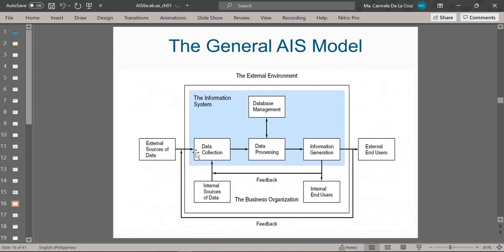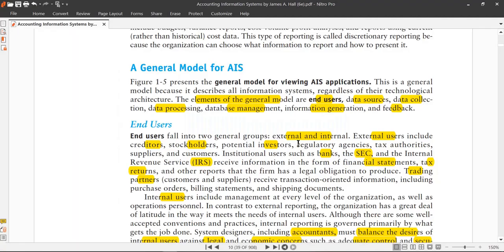What you see there, each box is an element of the AIS model. So what are those elements? End users, data sources, data collection, data processing, data management, information generation, and feedback.